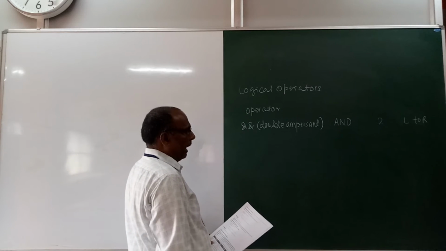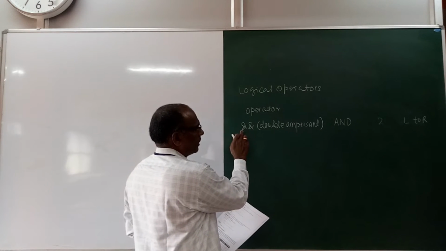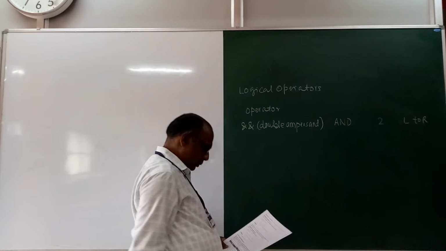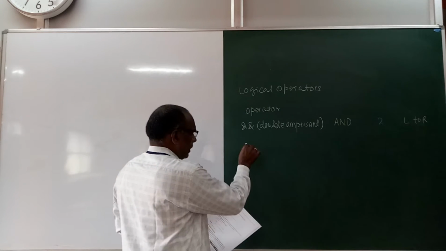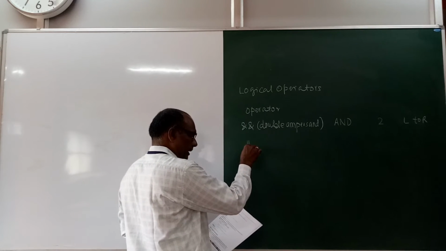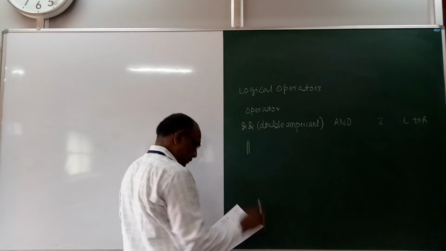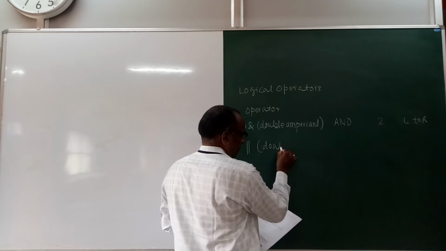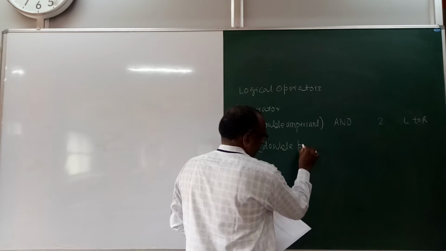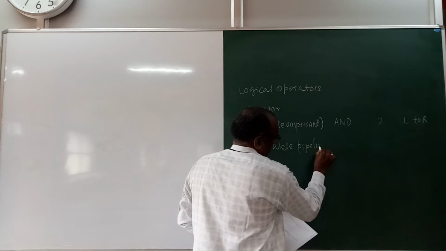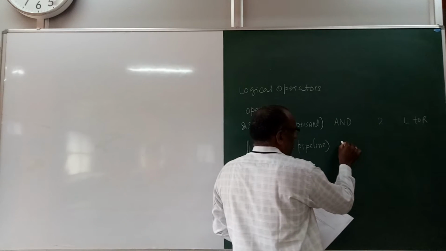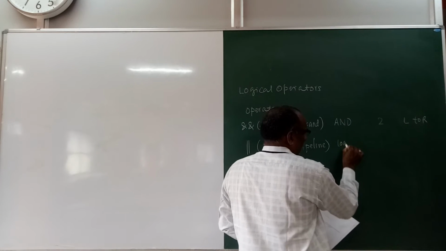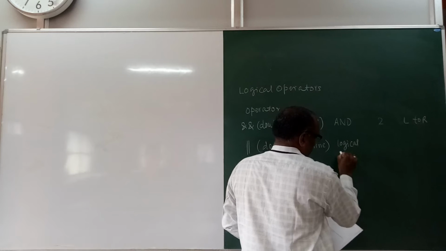This is its meaning, logical AND, and this is the symbol used here. This is the pipeline character. All these are characters of C. Double pipeline here, and this is logical OR.